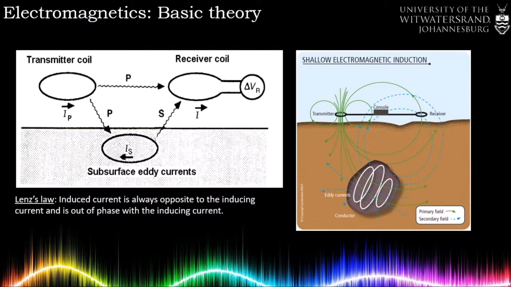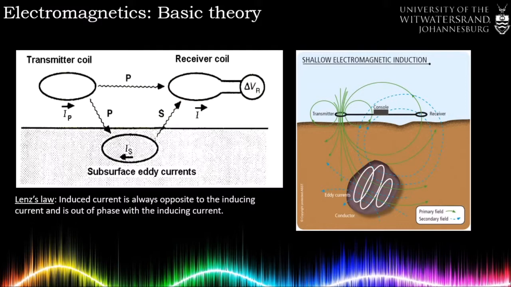So the difference in frequency domain and time domain EM: frequency domain EM, which is the HLEM, they take the primary field phase and, through a wire, connect it to the receiver so that we know the phase of the primary field. And then it basically takes the primary field and subtracts it so you can see the very weak secondary field.